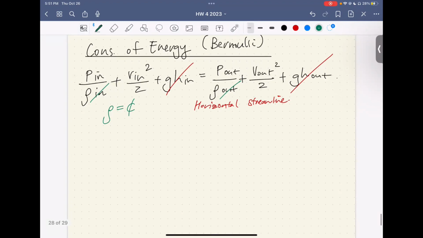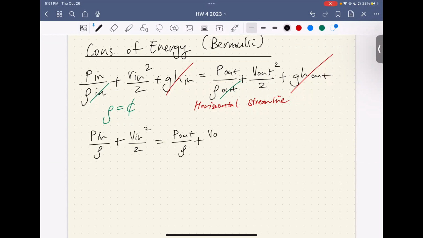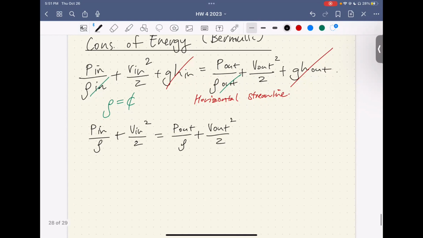Then this simplifies, and this time we're not saying velocity out is 0, right? That was for stagnation pressure, so that's slightly different. So we now have P in over rho plus V in squared over 2 is equal to P out over rho plus V out squared over 2. So we now simplified it to this.